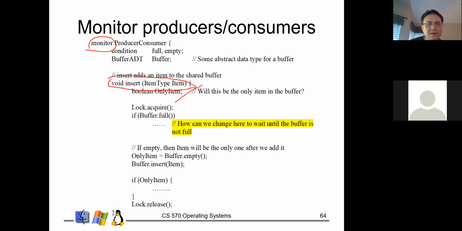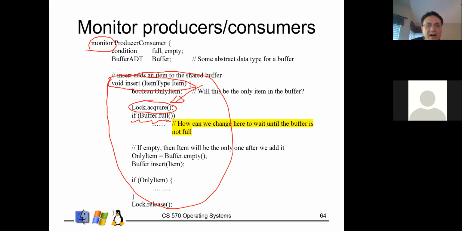When the process enters an operation of a monitor, it would acquire a lock. That will make this whole operation a critical section. After that, this operation may find that, in this case, the bounded buffer is full. So you want to insert an item to that buffer which is full.